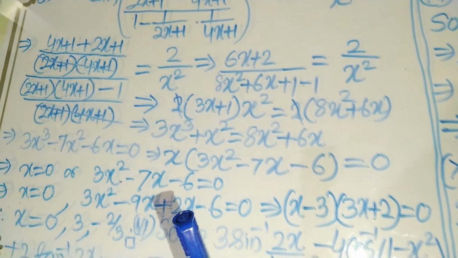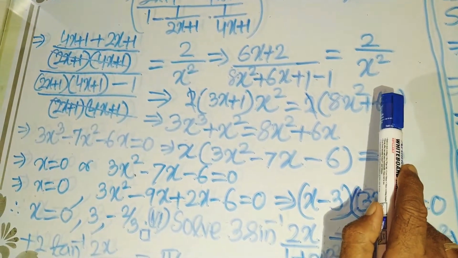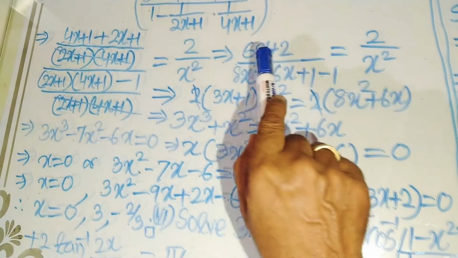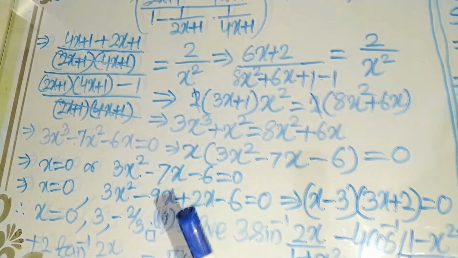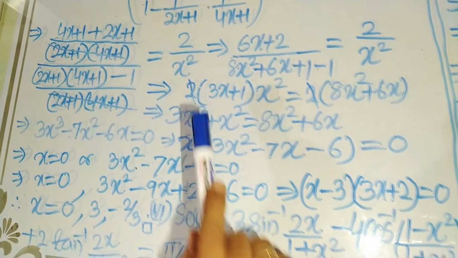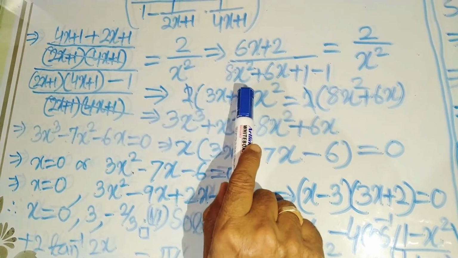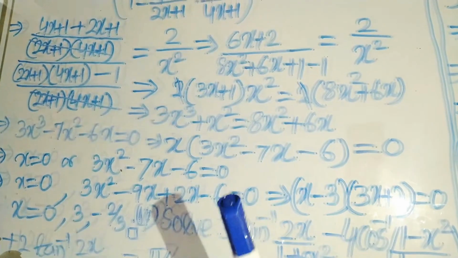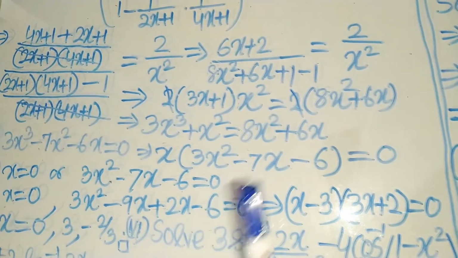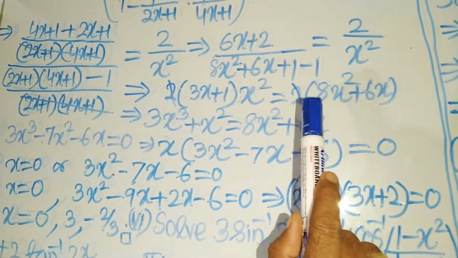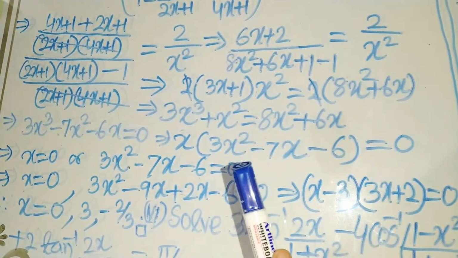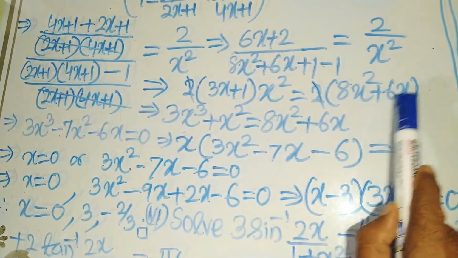So 2 into 3x plus 1, taking 2 common from 6x plus 2, into cross multiplication, x square is equal to 2 into, here 1 cancels, 8x square plus 6x.